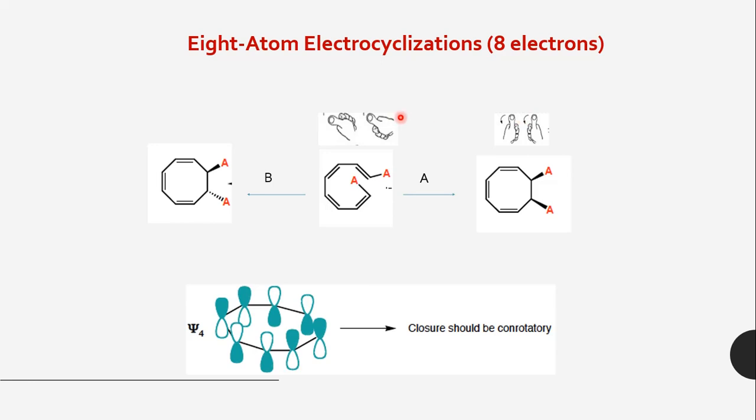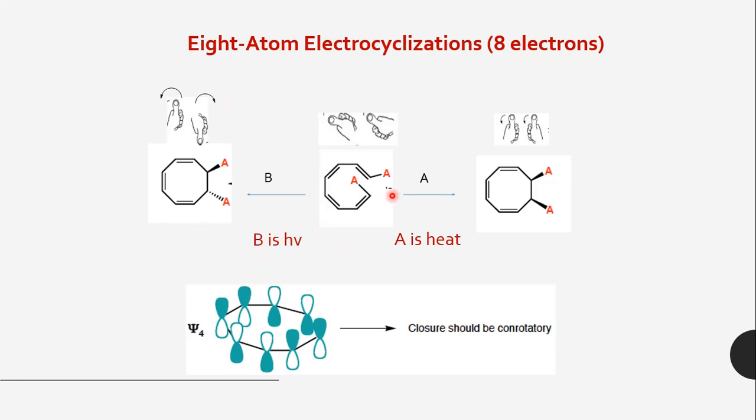So if I were to get this to this, it will have to undergo a conrotation. If I have to convert this to this, again it would be a conrotation, which means that A is under thermal conditions, or A would be heat. If I have to convert this to the trans, so this is how the trans would be oriented, and obviously then this would have to undergo a disrotation, implying that B has to be under photochemical conditions.